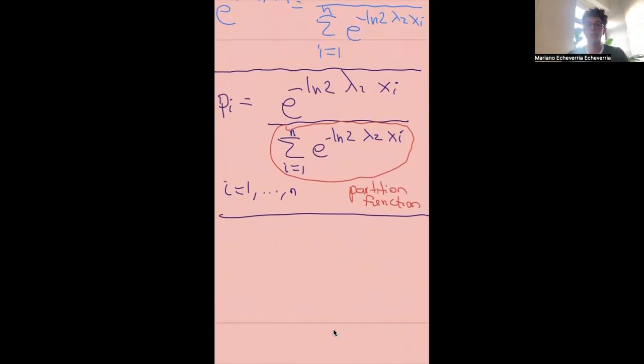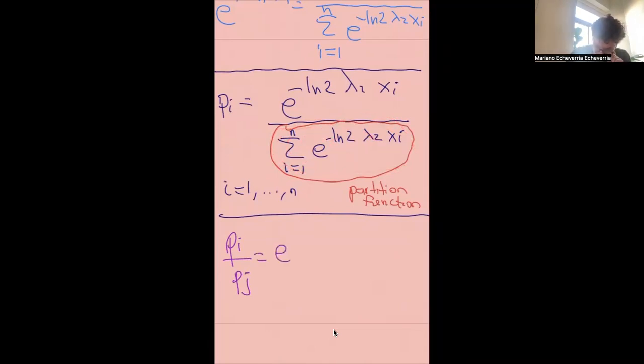What is cool about this formula is that it looks a little weird to interpret, but it is better if you take the ratio of two of these probabilities. The denominator is the same in both, because it is a sum that doesn't depend on i, so it cancels out.